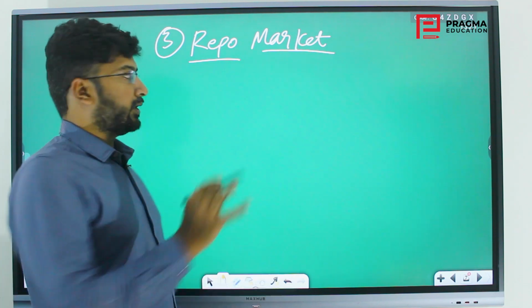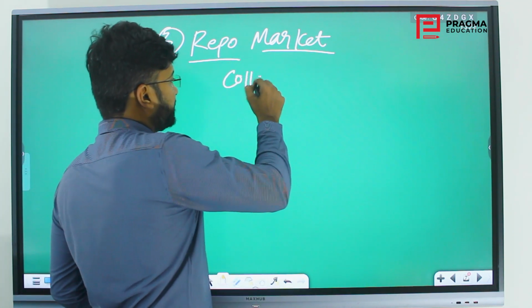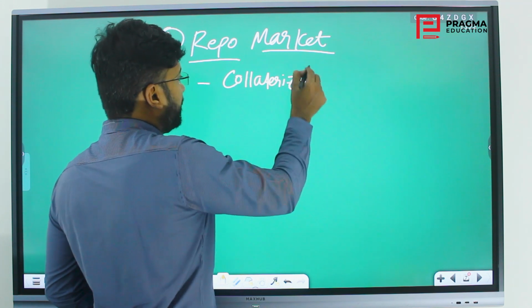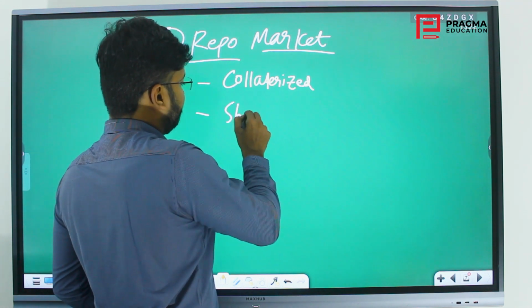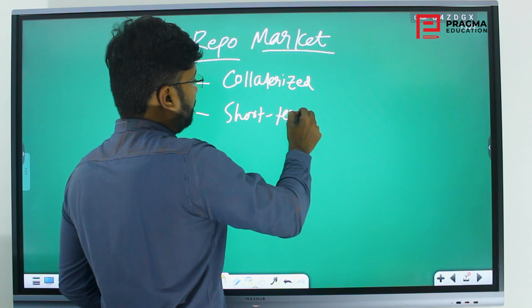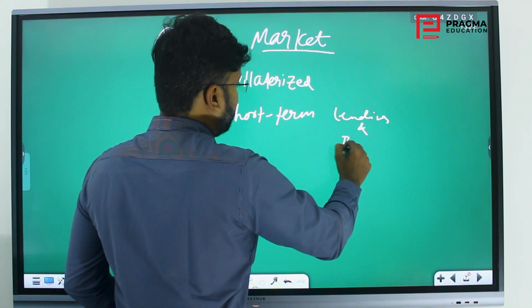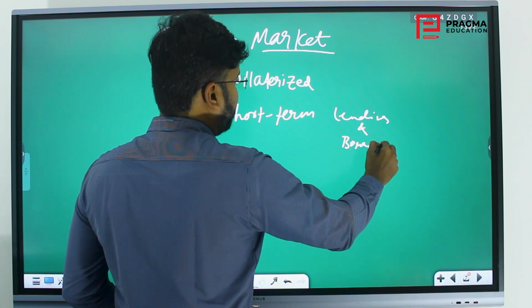This is the repo market. Remember only two things if there is a question on the exact repo market. It is collateralized short term lending and borrowing in the financial markets.